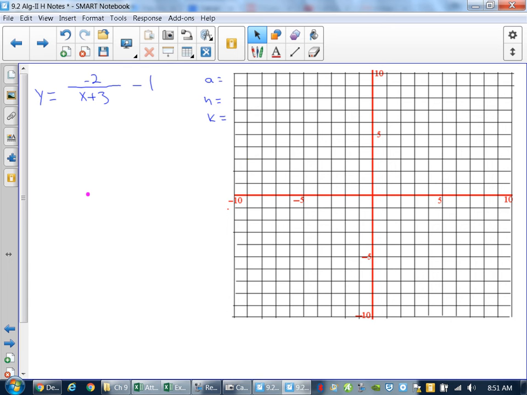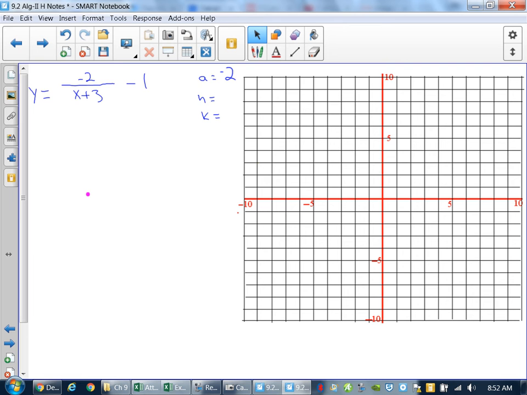So what I want you guys to do is label out what you know. A is -2, H is -3, and K is -1. Remember, your H value is always going to be whatever the zero is.